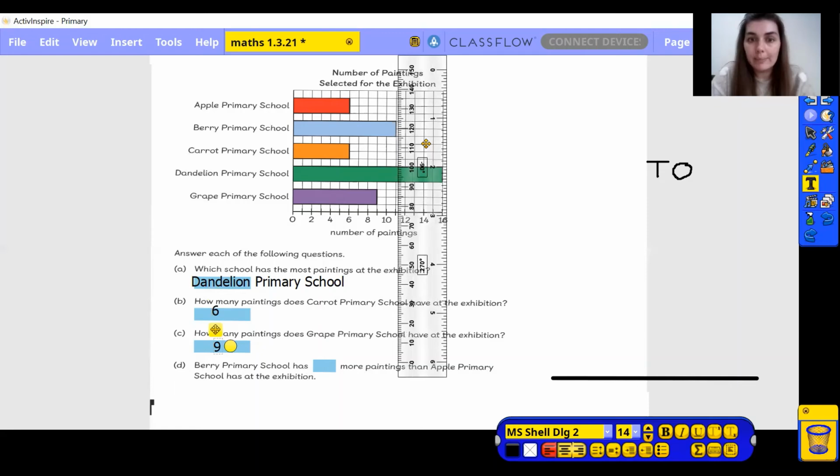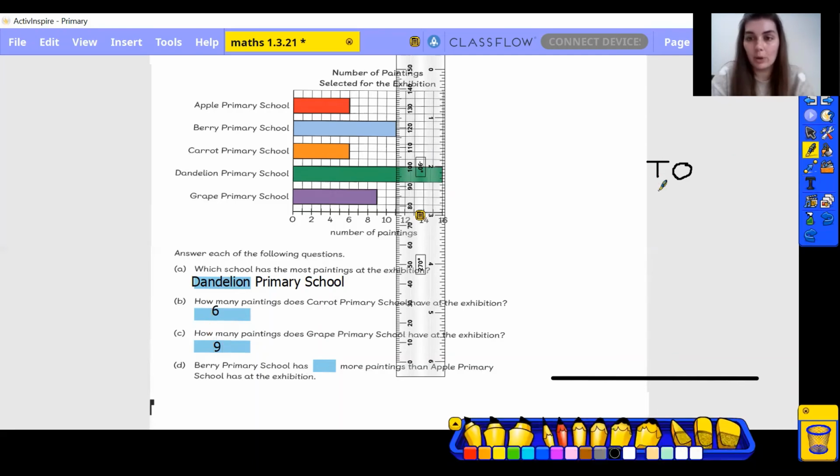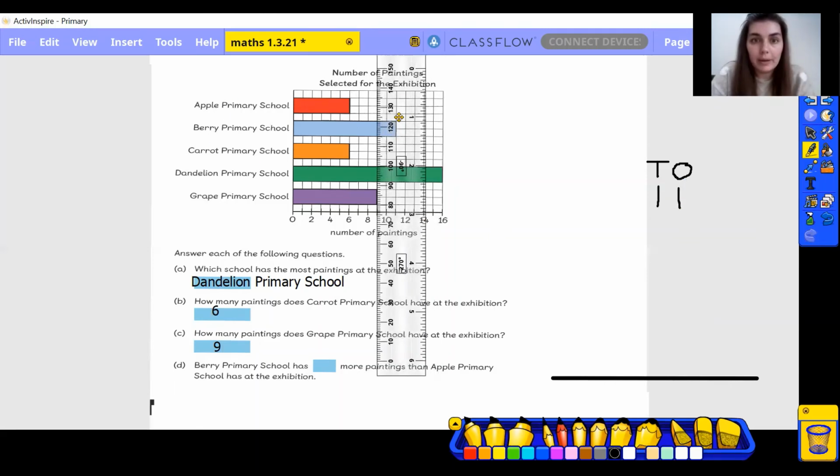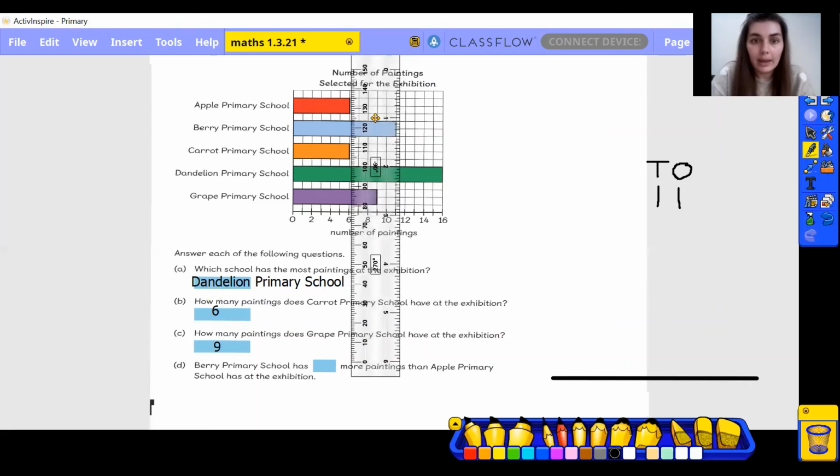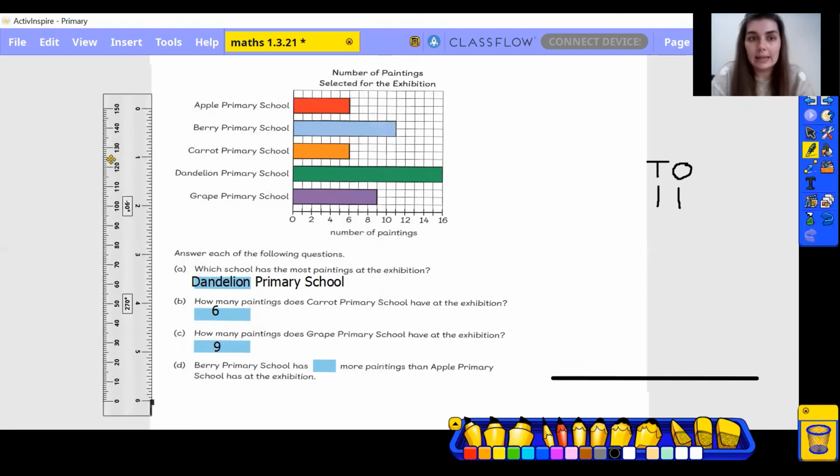Again, that's fallen in between 10 and 12, so I know that they have 11. So I'm going to use my 10s and 1s column first. They have 11, and then Apple Primary School, just above it, I'm going to have to move my ruler all the way along. They have 6 paintings at the exhibition.